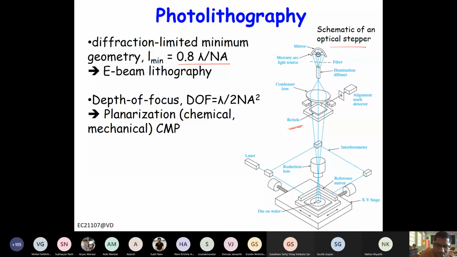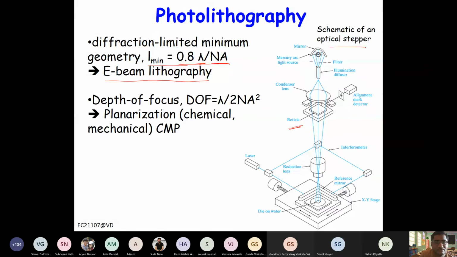So that of course is determined by the system, but the wavelength is related to the source. So of course, if you have a smaller wavelength, you can have a finer feature size, right? So that leads to electron beam lithography application in fabricating devices where you need a resolution of the order of a few nanometers, right?